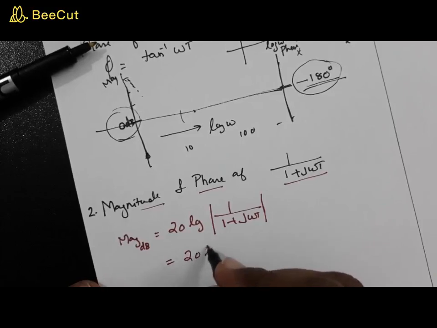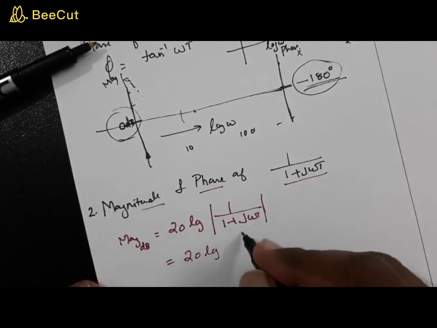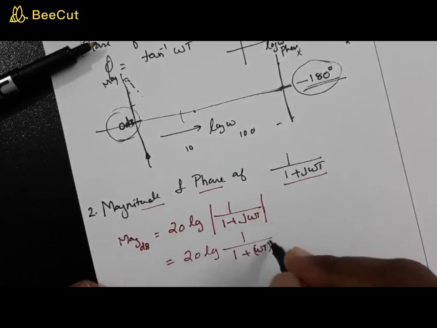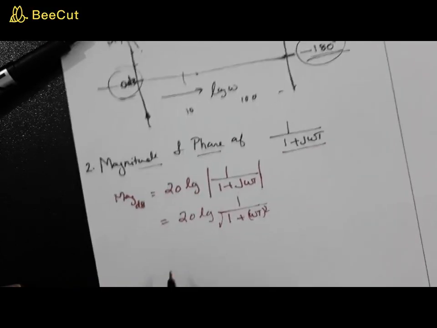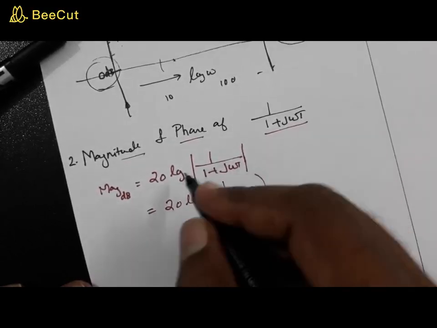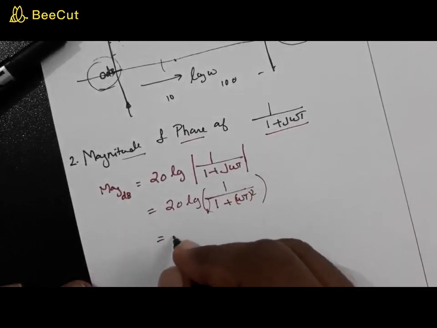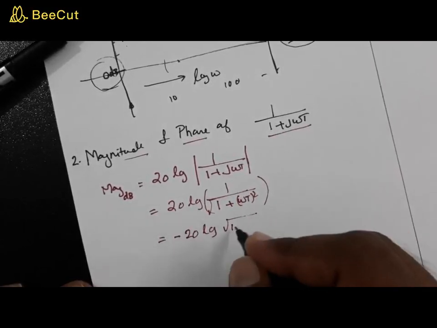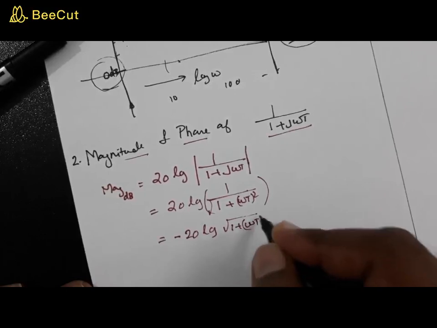This will be 20 log, and this magnitude will be root of 1 plus omega t the whole square. This is the magnitude, and this can be written as minus 20 log of root of 1 plus omega t the whole square.